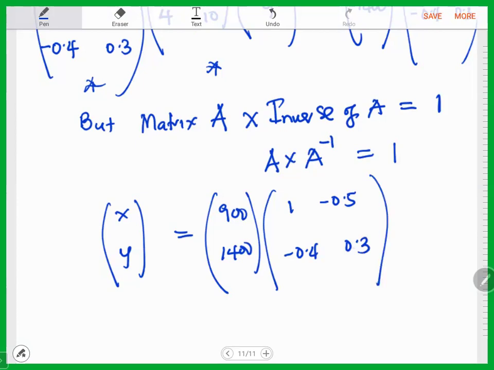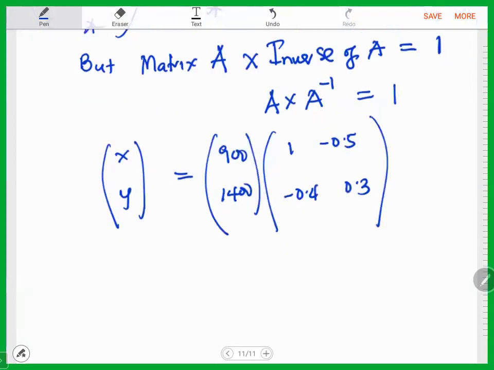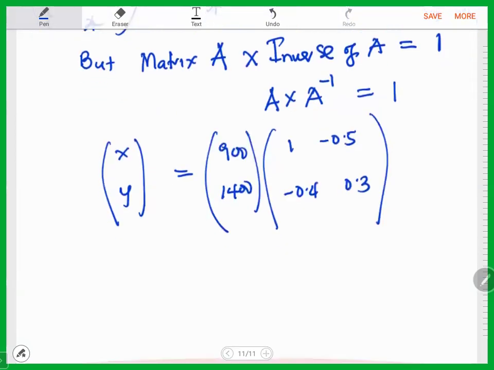And from there, we use row by column to determine our x and y. So xy will equal, we are going to determine row by column.